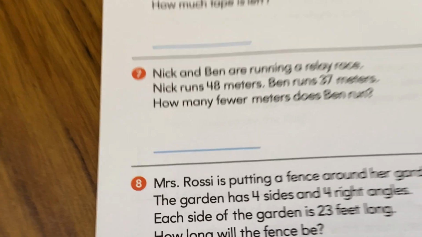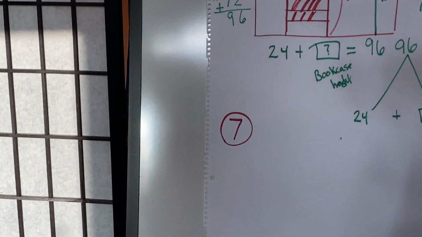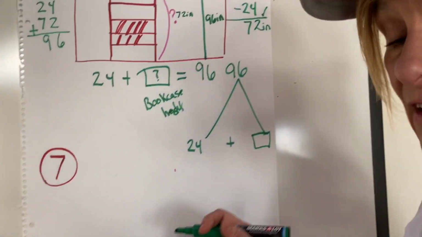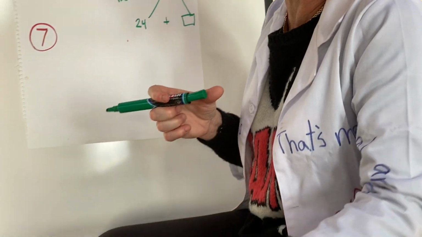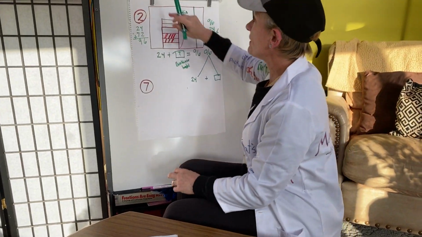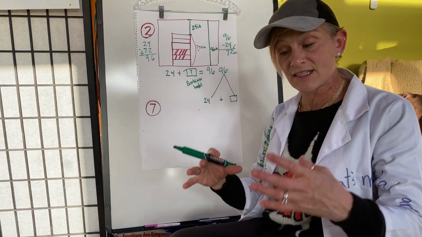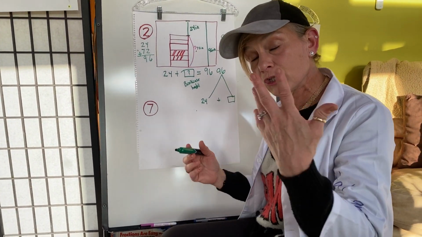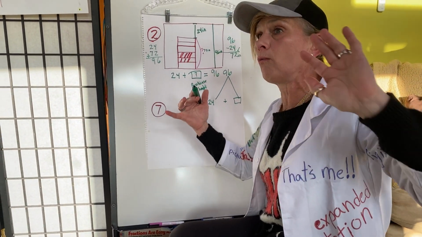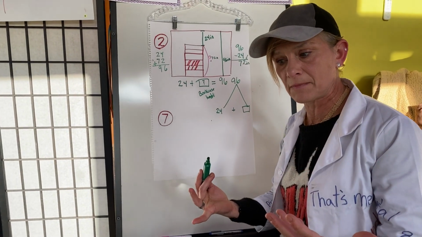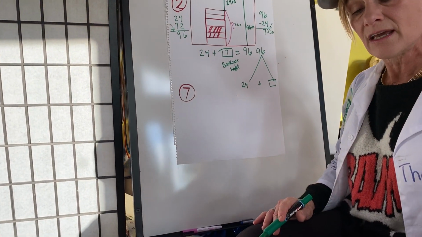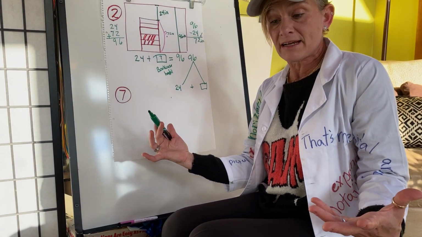I hope you guys are thinking comparison bar. You're right. And even if you're sitting there saying, Miss Seitz, I can figure this out already, great. But the situation is asking us to compare. And again, when you're looking at a word problem, you want to think, what is the problem asking me? What is the situation? And then I can solve it the way that makes sense to me.